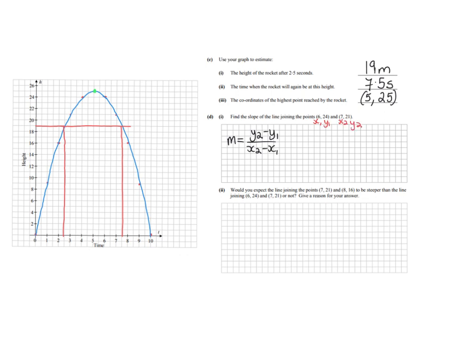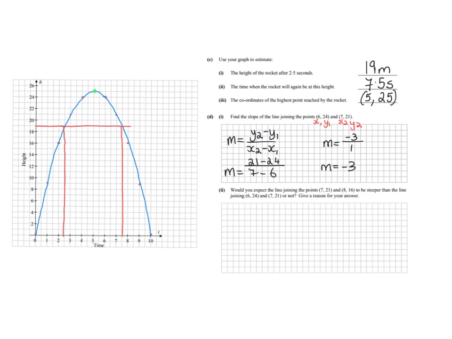So the slope then is going to be y2, which is 21, minus y1, which is 24, over x2, which is 7, minus x1, which is 6. Then we get m is equal to 21 take 24, which is going to give us minus 3, and then 7 take 6 is going to give us 1, so the slope here is minus 3.